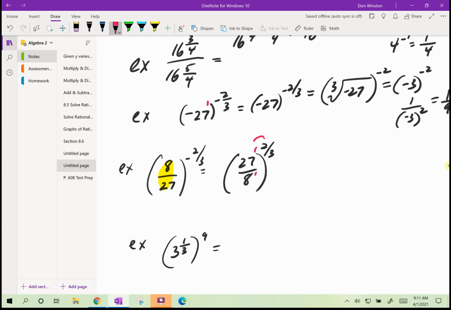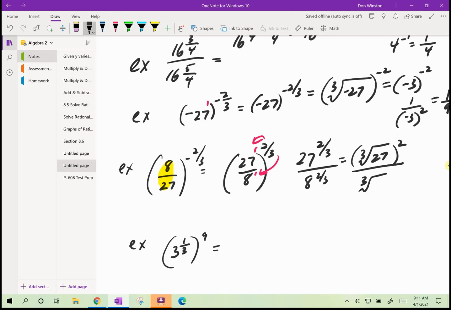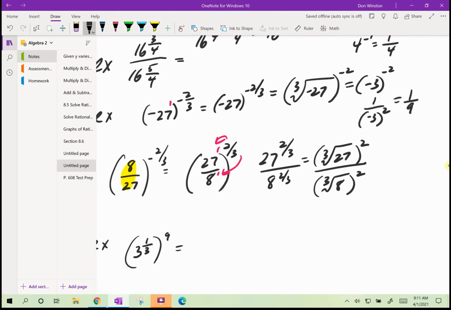So 2/3 times 1 will be 2/3, so this will be 27 raised to the 2/3, and then 2/3 times 1 will be 2/3, so 8 raised to 2/3, and that will equal the cube root of 27 squared over the cube root of 8 squared, and the cube root of 27 is 3, so that will equal 3 squared, and the cube root of 8 is 2 squared, and that will equal 9 over 4.